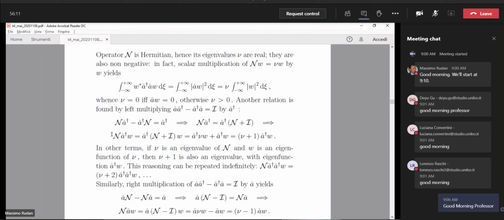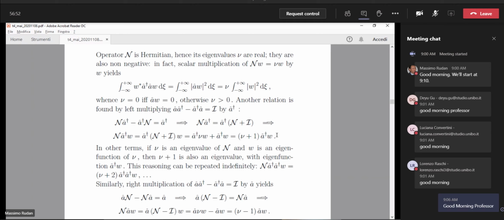So now you can look at this equation. If you look at the extreme left, you have the operator N operating on function A dagger W. A dagger W is some function. It is the result of the application of A dagger onto W. So this operator N on this function is equal to Ni plus 1 times the same function. So this is again an eigenvalue equation in which the eigenfunction is A dagger W, and the eigenvalue is Ni plus 1.